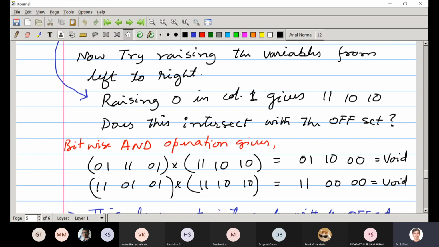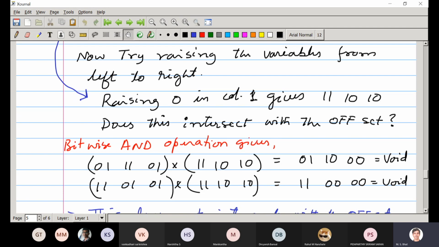So that is void. Similarly, the second cube in the offset is 1 1 0 1 0 1, which is bitwise ANDed with our expanded cube 1 1 1 0 1 0. That also gives a void result, which means the expanded cube does not intersect with the offset.